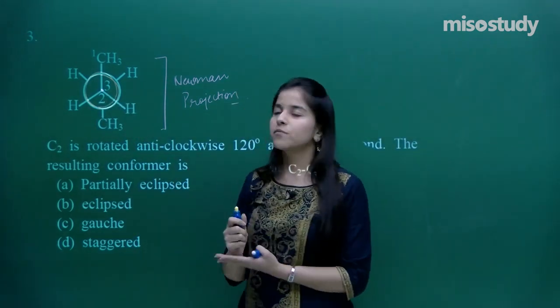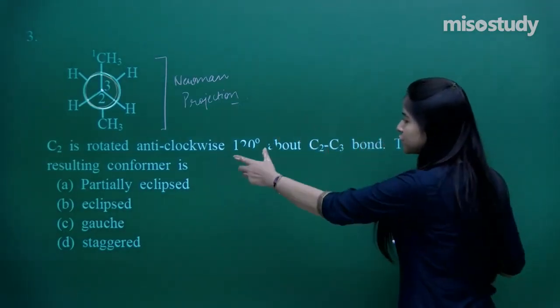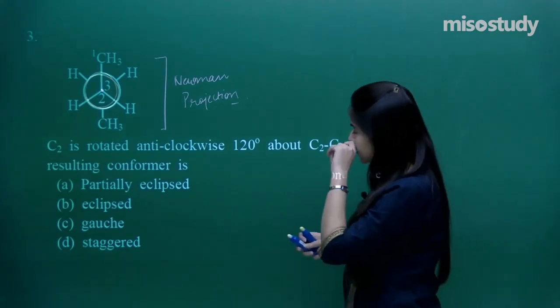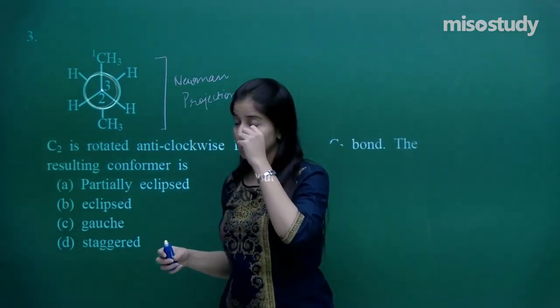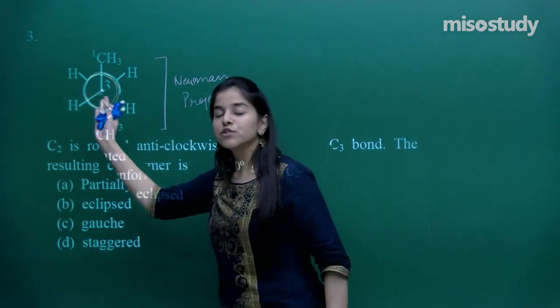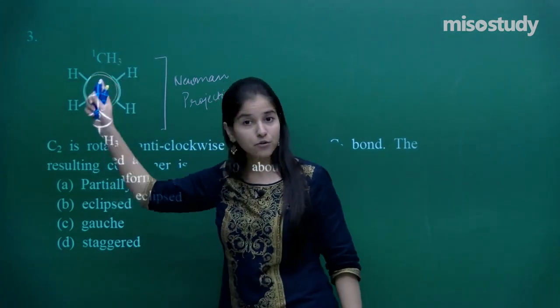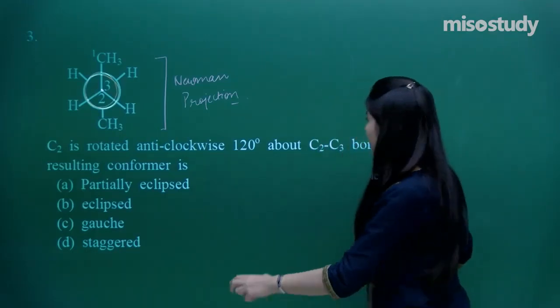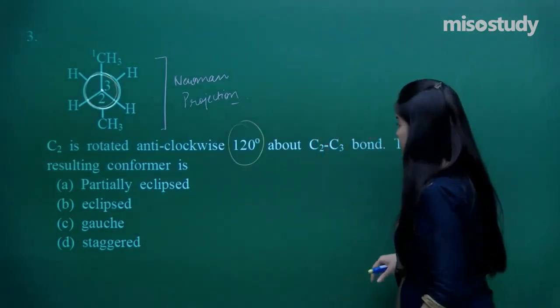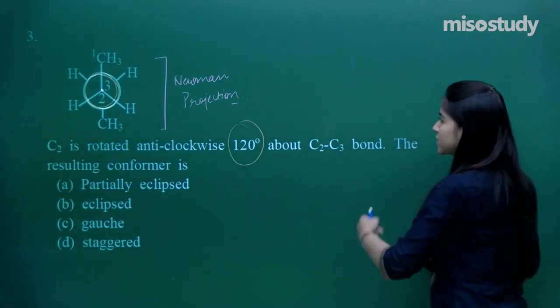Now we need to perform the action they are asking. C2 is rotated anti-clockwise 120 degrees. That means they are rotating the carbon which is pointing towards you, at an angle of 120 degrees about the C2-C3 bond.